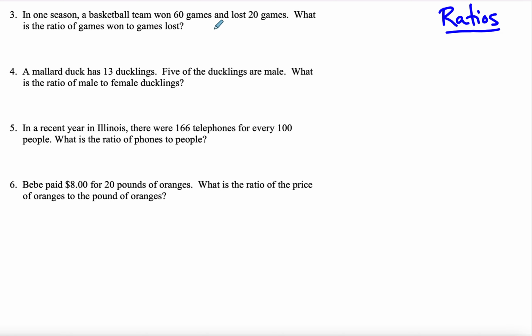They want to know games won compared to games lost. This is pretty simple: 60 games won, 20 games lost, or 60 to 20.